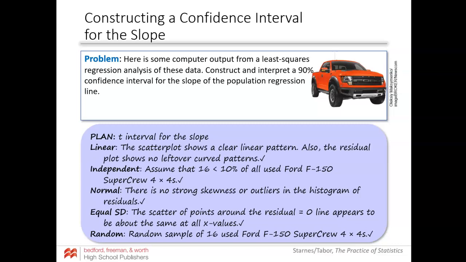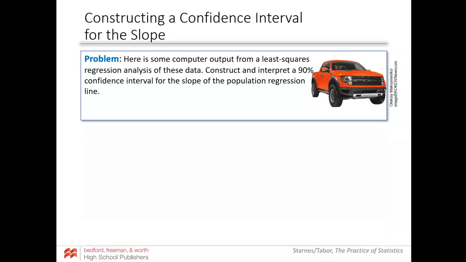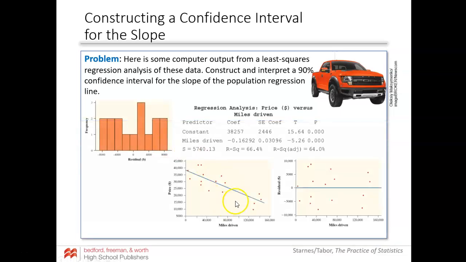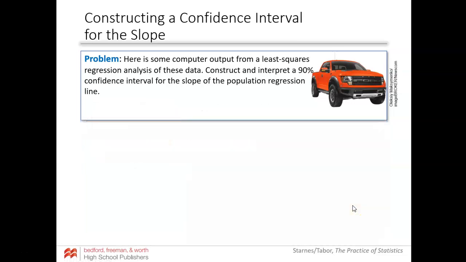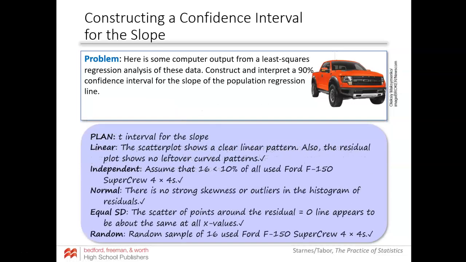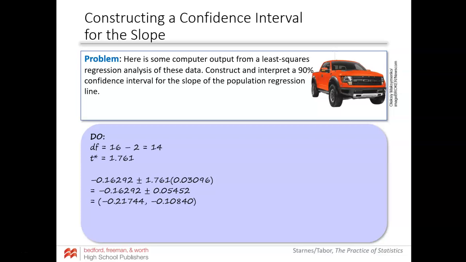And then if you think back to the residual plot, they were really scattered. You didn't see any increase in residuals as you went down the lines for miles driven. It's not like it got small or big in either direction. So that's feeling good for the equal standard deviation. And then random, we did randomly sample the 16. So check, check, check, check, check.